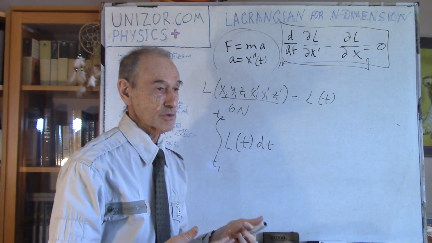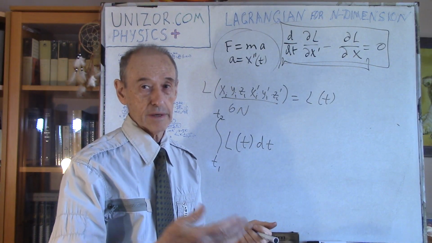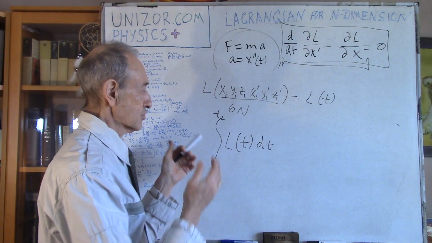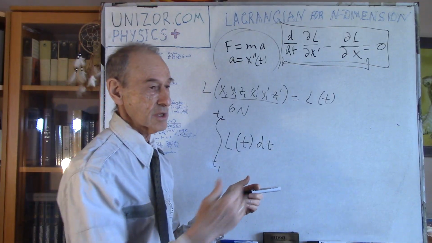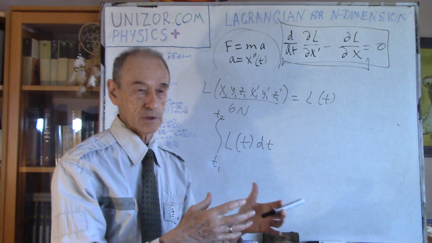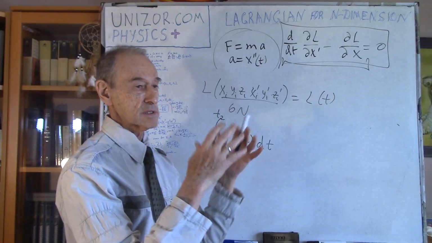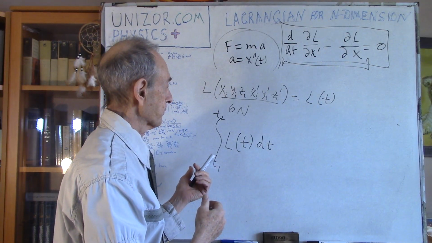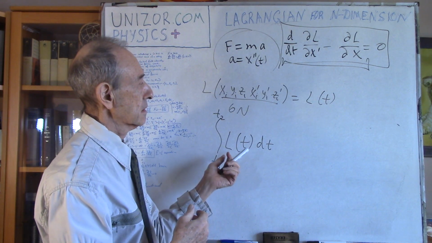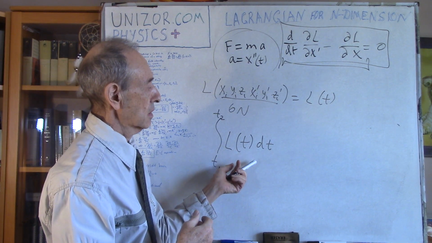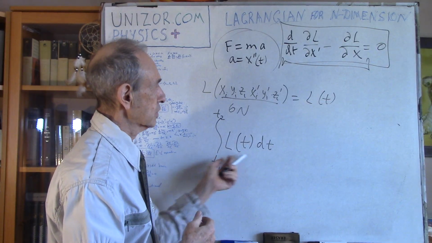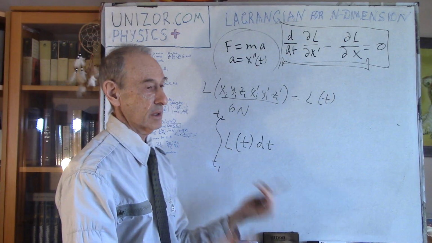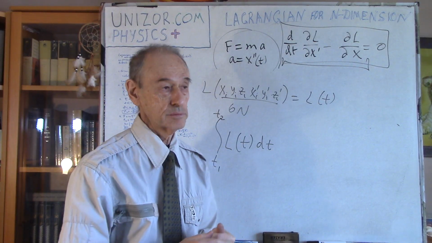Now the solution to this, which is x, y, and z as functions of t, is a trajectory. The trajectory along which the system of n objects is moving in this 3n-dimensional space is the one which gives this particular integral, or action, if you wish, an extremum.